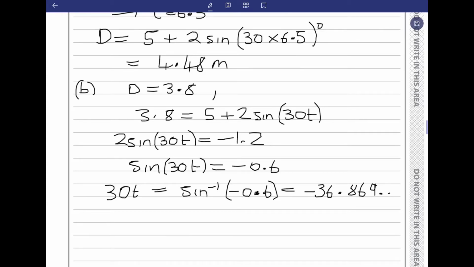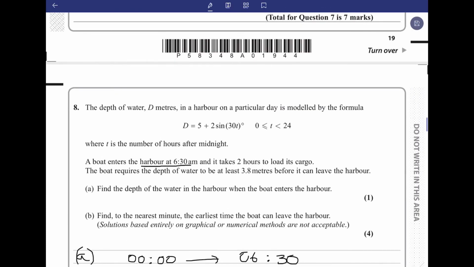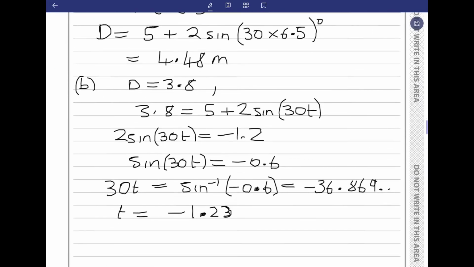Now, if we divide this value by 30, that gives us minus 1.23. This value is not in range, as here t needs to be between 0 and 24. You can't have negative hours.